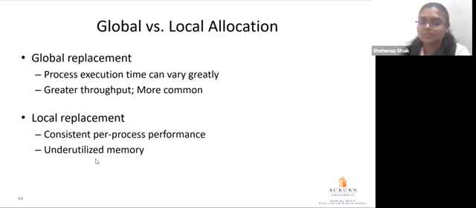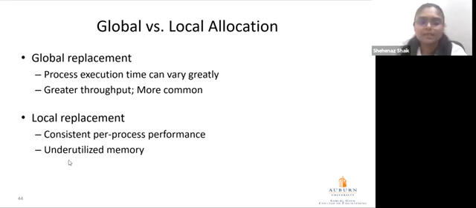There may be a situation that some of the pages which are already loaded in memory may not be accessed as much. If they are not being actively utilized, then they may continue to stay in main memory even though they are not currently being accessed. So that may result in underutilization of memory space that is allocated to the process.